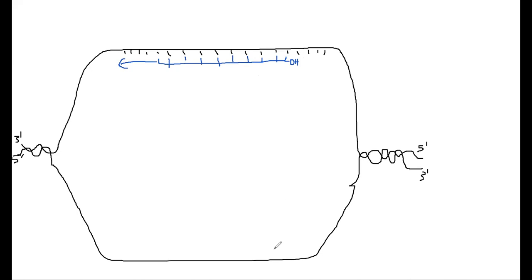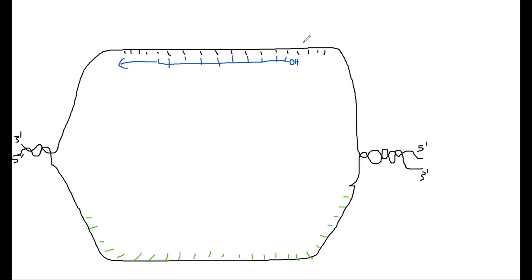All right, but let's see what happens down here. These are the nucleotides on the other strand of DNA. And remember, the first thing that has to happen is that we need that little RNA primer to be synthesized.